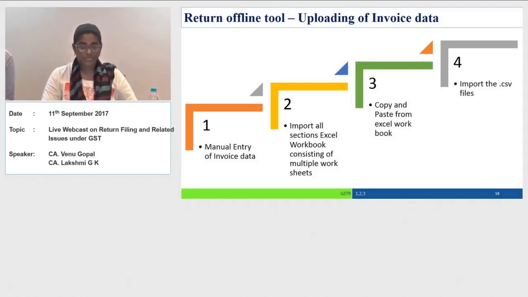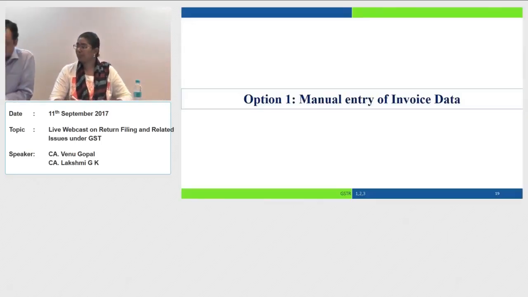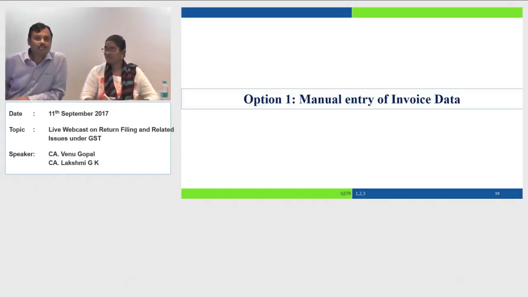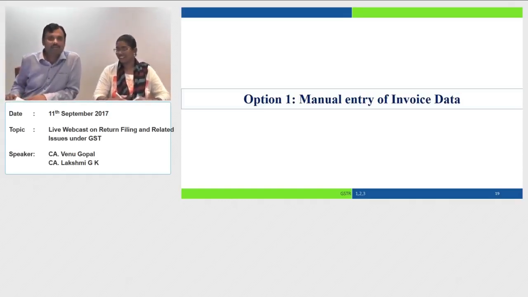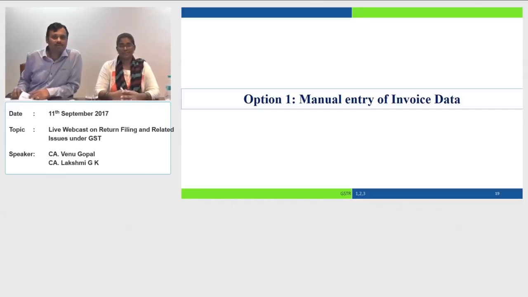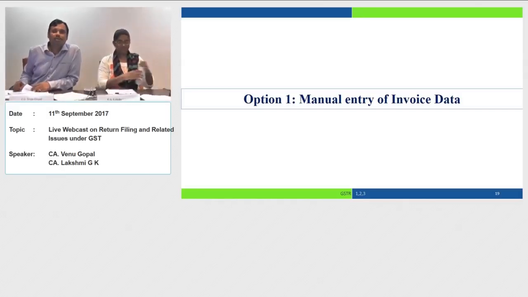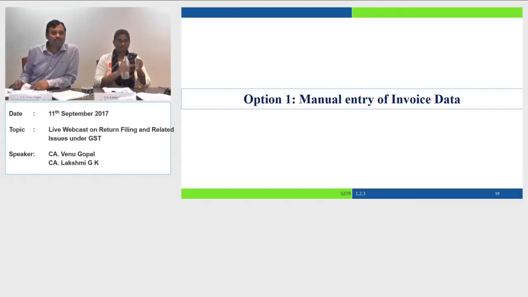I want to interrupt here. After GST, we have been hearing more about JSON, and for many of you it might be a new word. What we have been familiar with is XML; most of us, when we file the income tax department IT return, file the returns using XML.